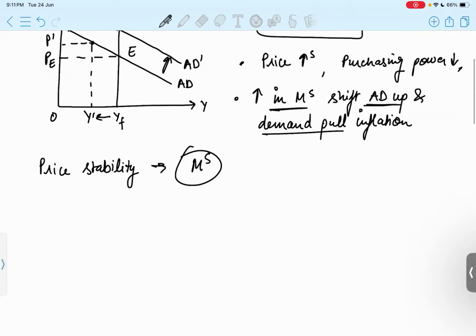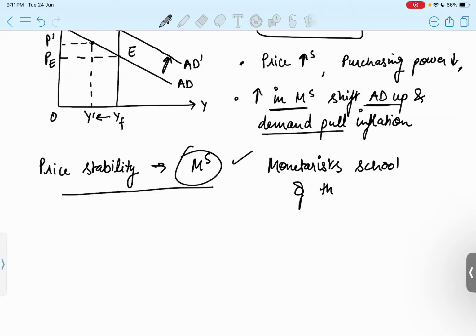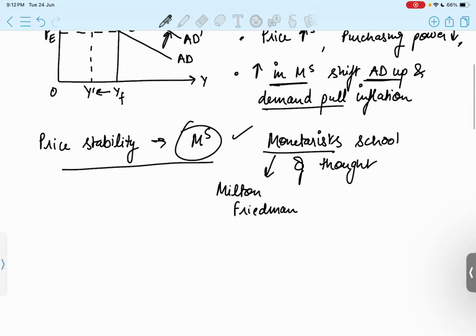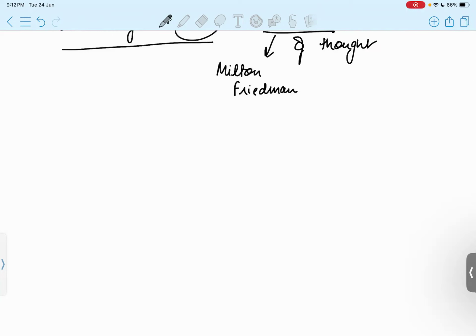And the same belief is also seen in the monetarist school of thought, where in monetarism Milton Friedman is the most prominent name. So this is one small subtopic.